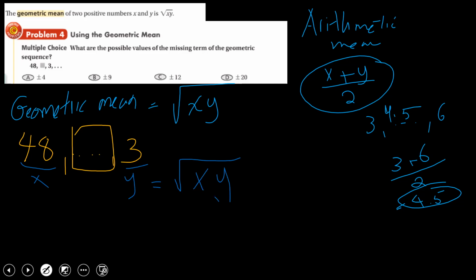Where is x? It is 48, times y, which is 3. Now, 48 times 3 is 144.